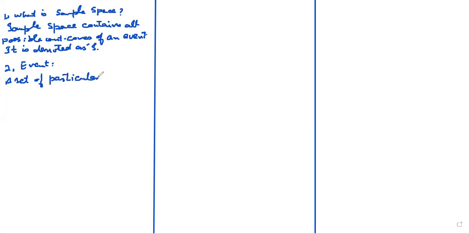A set of particular outcomes is called an event.